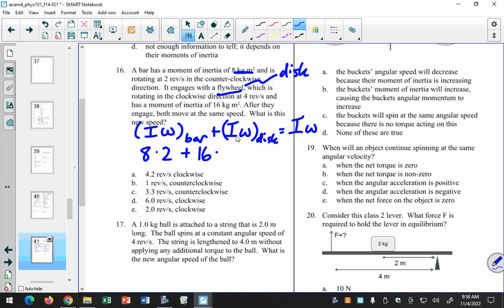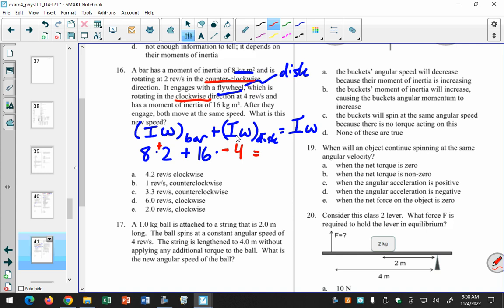Now we have to be really careful here, because notice that this is in the counterclockwise direction, so the 2 is positive, but the flywheel is going in the clockwise direction. So this is going to be a negative 2 revolutions per second. And then that's going to equal the final, thank you, 4. 4 revolutions per second, but it's negative because it's clockwise.